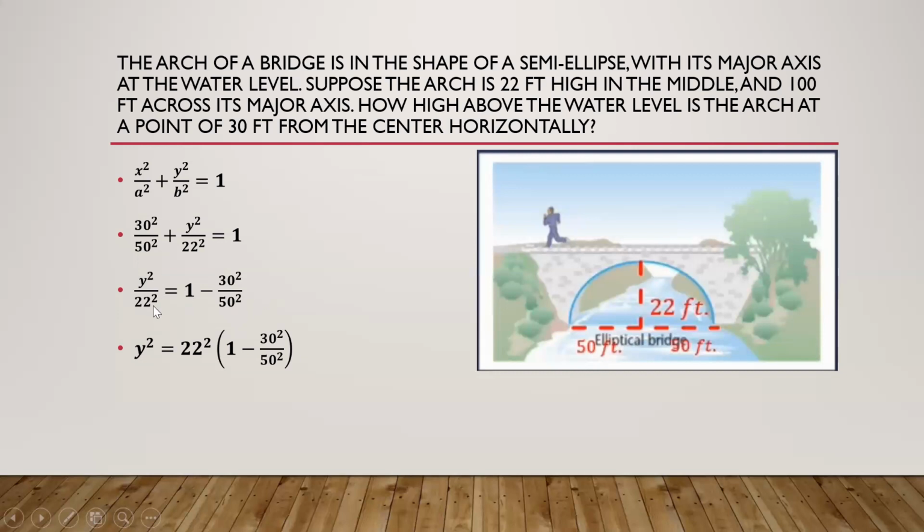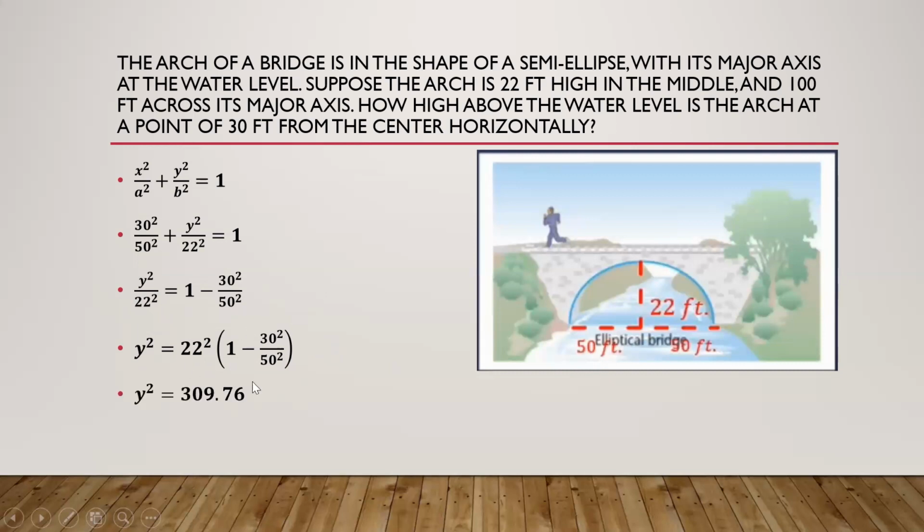If we multiply 22 squared to this part of the equation, they will cancel out, which will just give us y squared. So on the other side, it becomes 22 squared times 1 minus 30 squared over 50 squared.